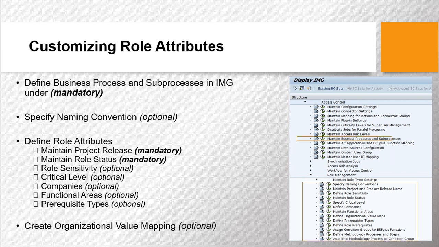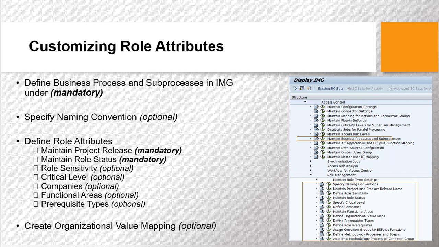The other thing that I personally think is a very good feature that BRM has is the naming convention. It's an optional thing. If you don't define a role naming convention as part of this configuration, you can create your own roles in BRM. BRM does not stop you from creating your own role names, whatever pattern you want.